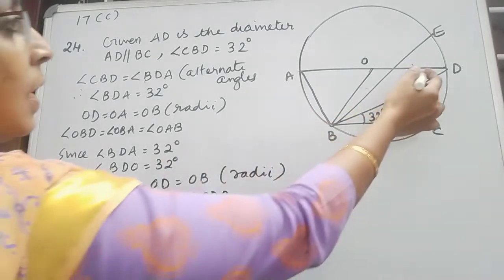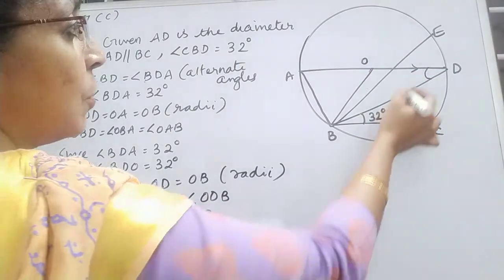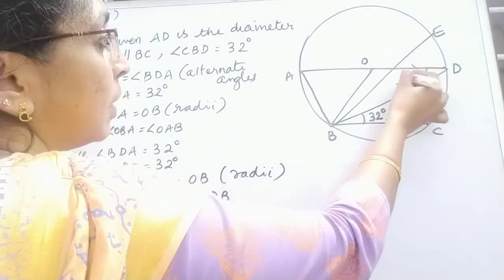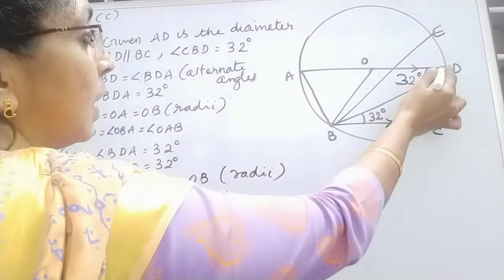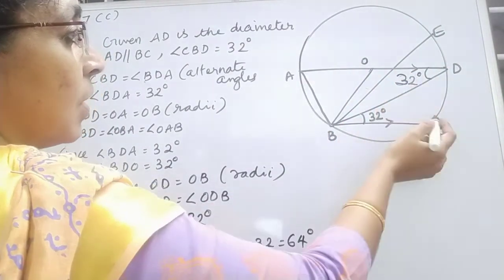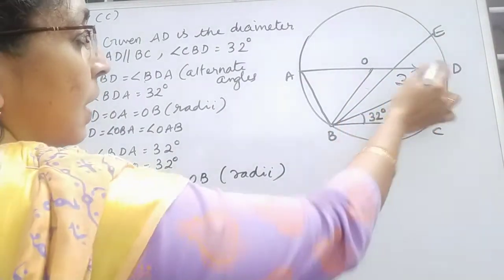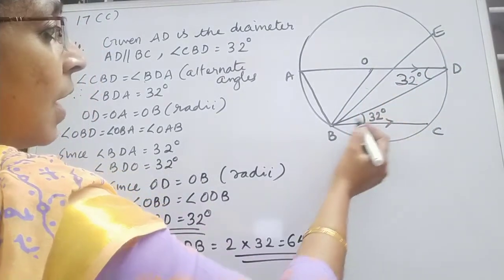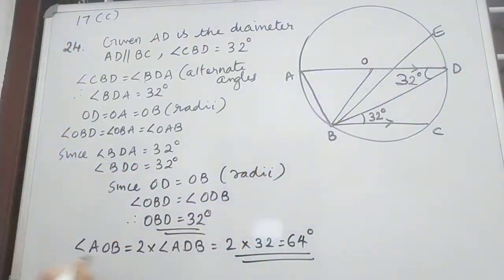So BDA will be 32, this angle is 32, so this angle also will be 32. Why? Because CBD and ADB are alternate angles given BC is parallel to AD. So BDA is equal to 32 degrees.